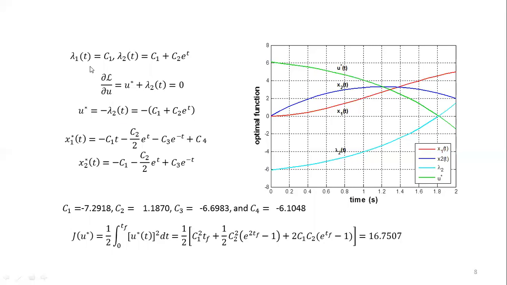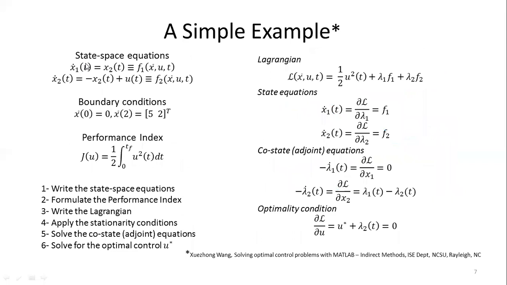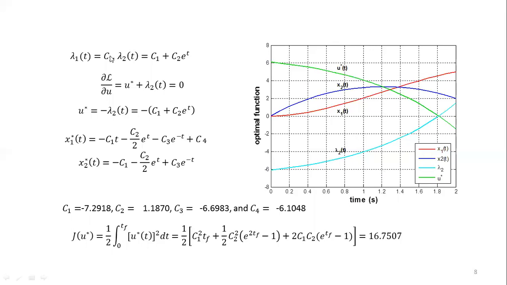Now we solve these equations. So you can see over here that lambda 1 dot equal to 0 implies that lambda 1 is a constant. Then you can solve for lambda 2 in terms of two constants. You could use partial L, partial U to get U star.